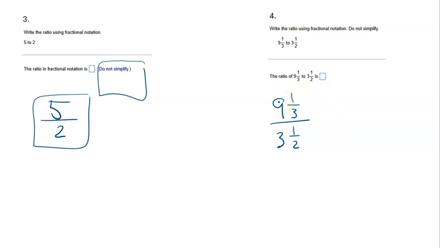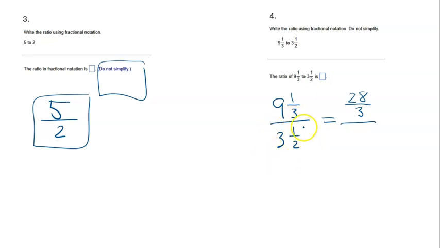All right, so the first thing I'm going to do is change my mixed number 9 and 1/3 to an improper fraction. Remember, to do that, you do 9 times 3 is 27, plus 1 is 28, and you put that over the original denominator. So that's 28/3.